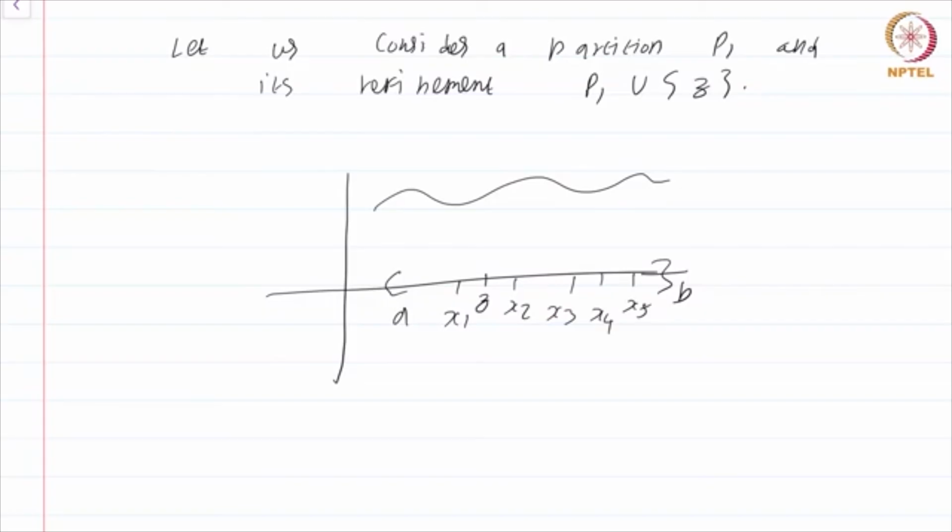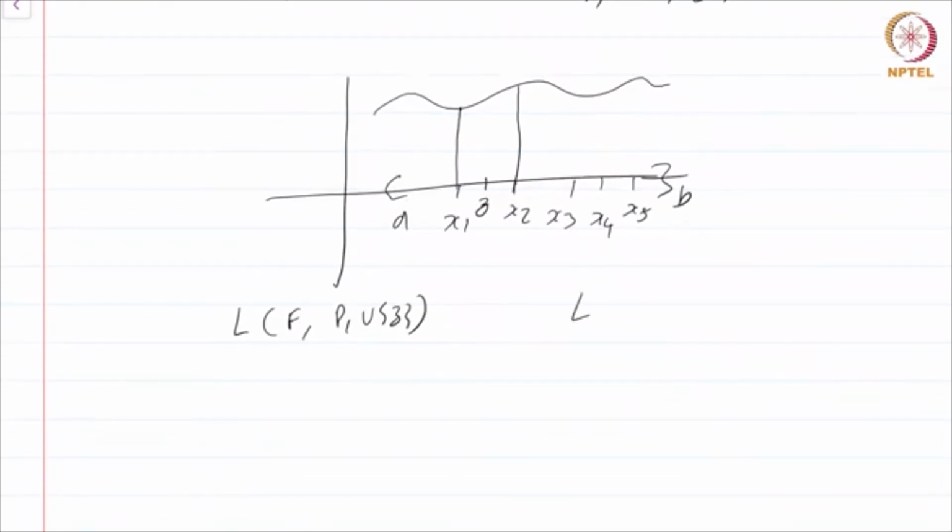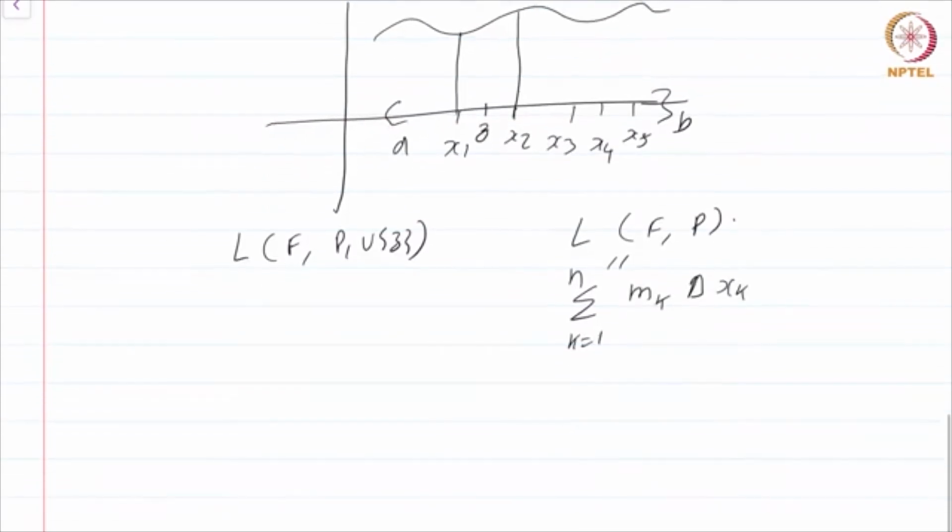What is happening is, when you compute L(f, P1 union {z}), we have to compare this with L(f, P). Now, L(f, P) is just the summation k equals 1 to n of m_k delta x_k. This was our notation. We will focus on the particular subinterval where all the action is happening. Everywhere else, nothing interesting is happening.